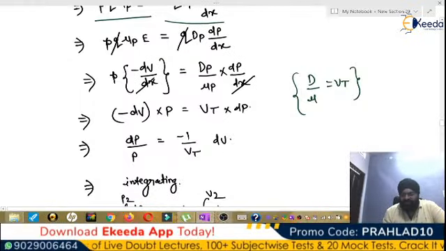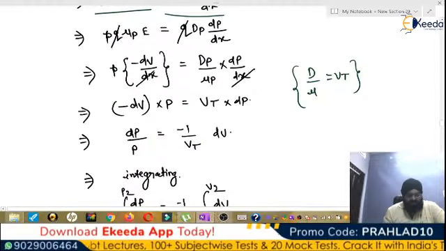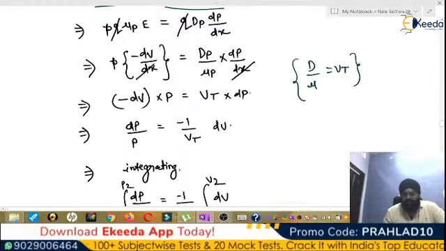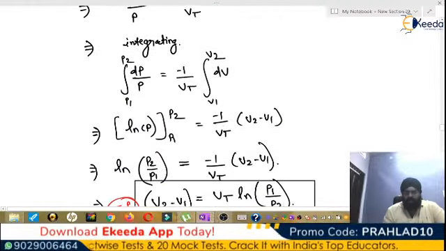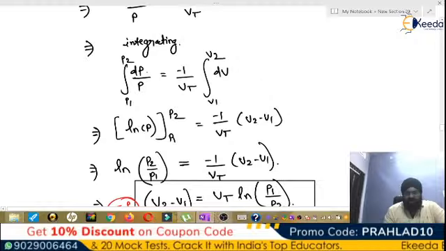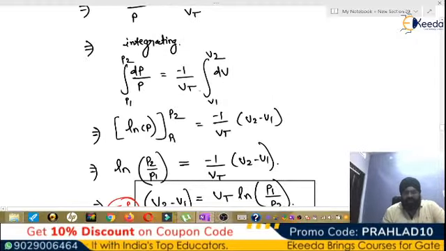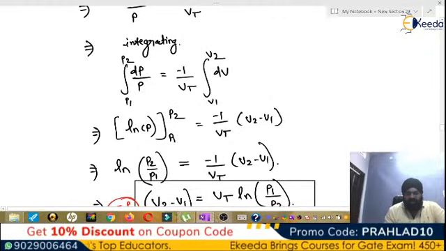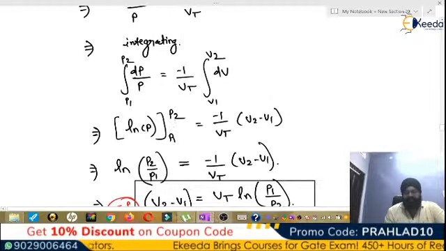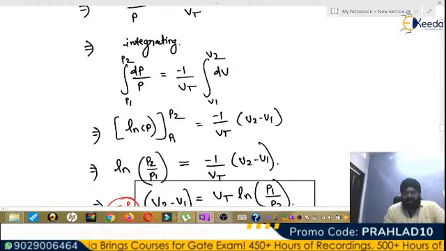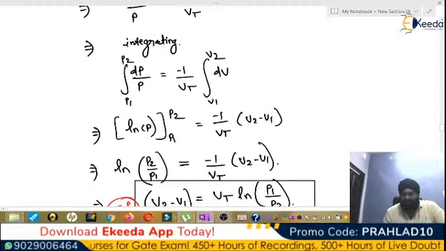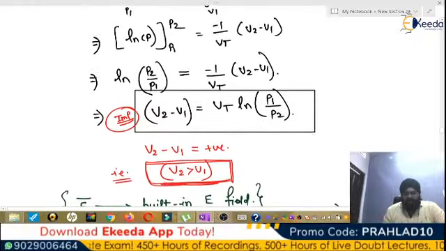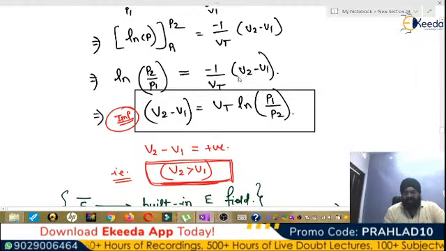So dP over P is equal to minus 1 over Vt into dV. When we integrate on both sides, P1 to P2 dP over P is equal to minus 1 over Vt, V1 to V2. The integration of 1 over P is ln P, from P1 to P2, equal to minus 1 over Vt times the integration of dV, which is V2 minus V1. So ln P2 by P1 is equal to minus 1 over Vt into V2 minus V1.